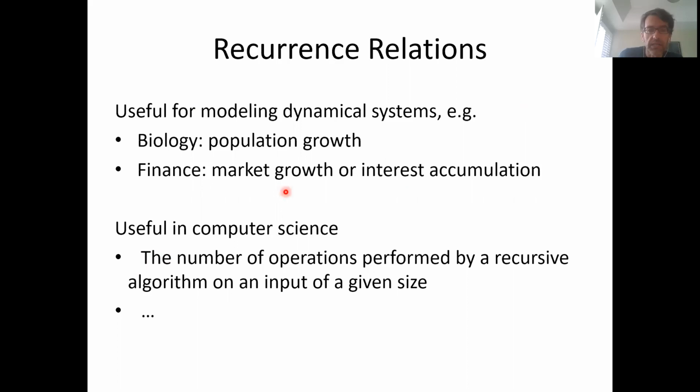Right now, sadly, the virus and spread of disease can also be modeled as a dynamic system like this, right? Useful. In computer science, as I was saying, these are basically recursive algorithms. They capture very well what a recursive algorithm does, and there are more cases where this comes in.